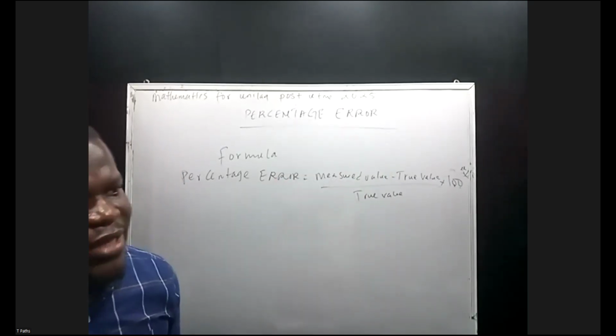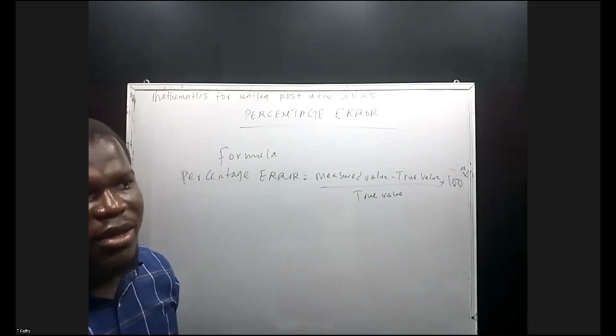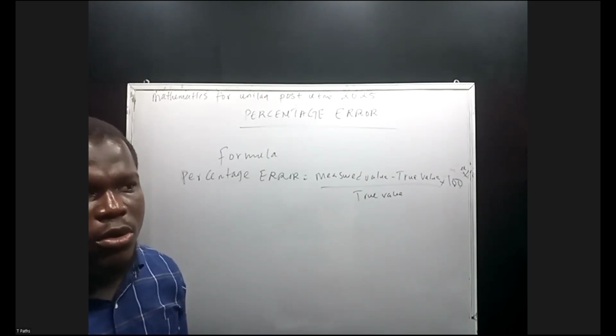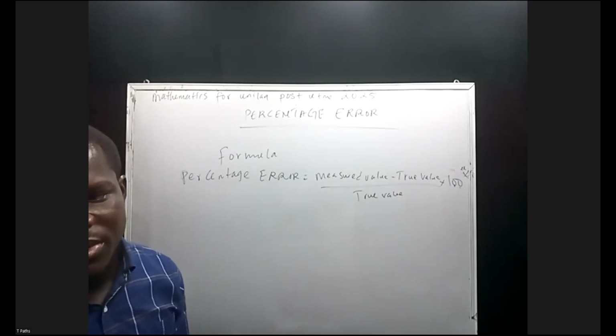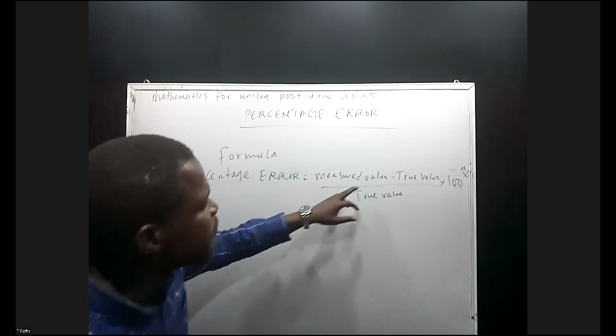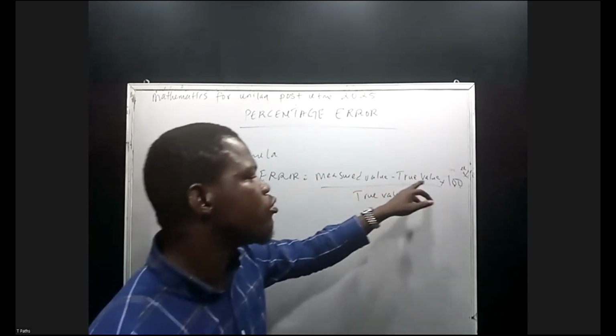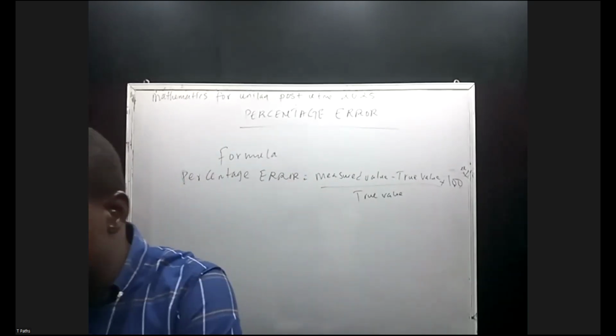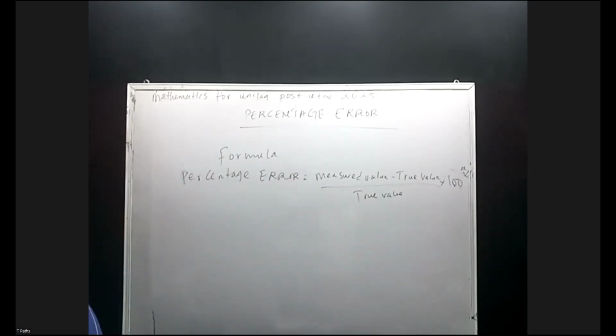Like you're supposed to measure 30 centimeters, he measured 35. Or someone does not know how to use a table mistakenly. So, to be straightforward: measured value minus true value over true value times 100. You'll be seeing it in the question. If you see a question, you'll be able to say which one is the true value and which one is the measured value by English.